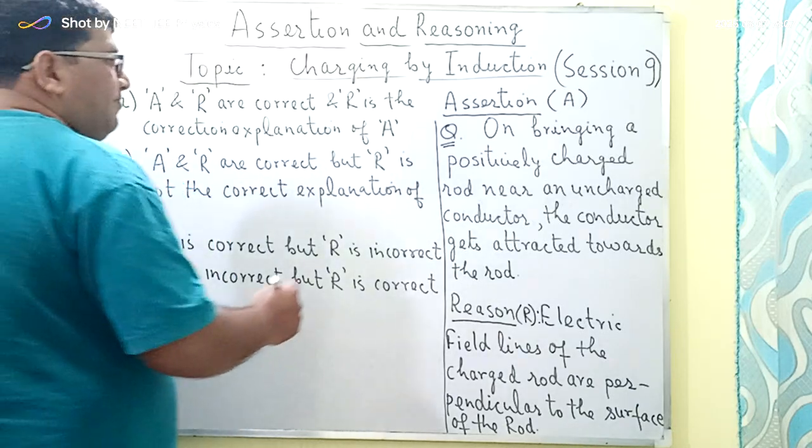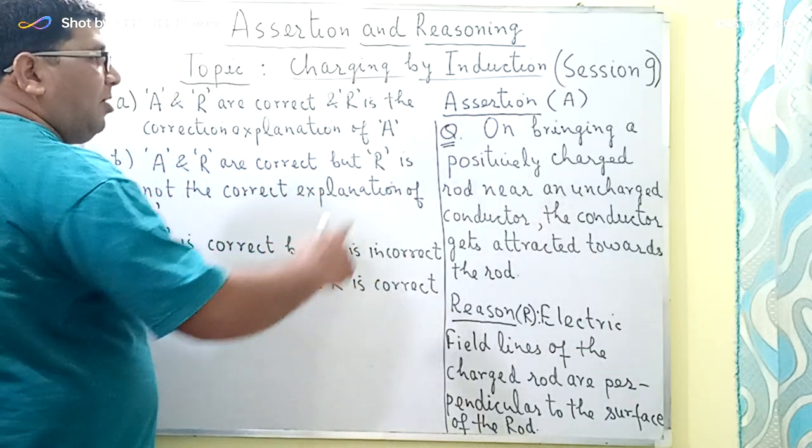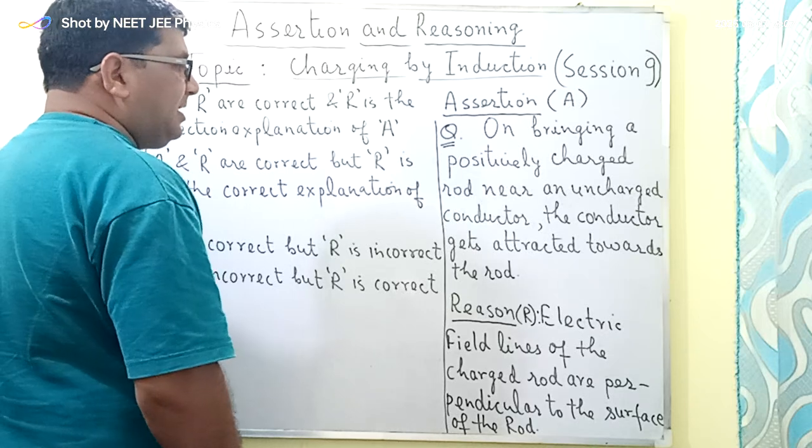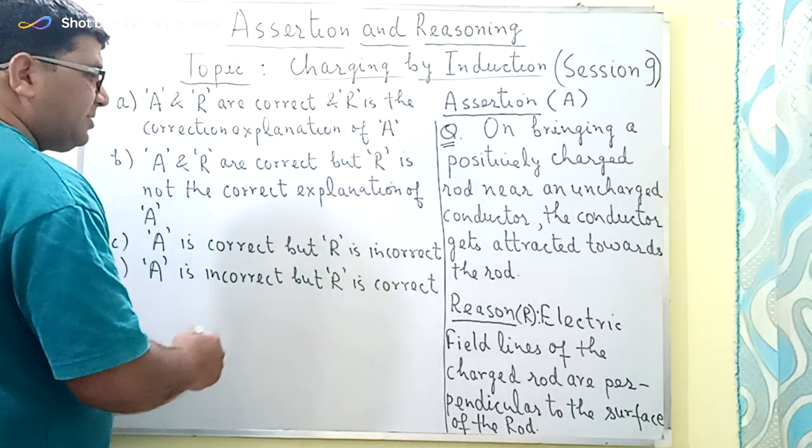So in this question, the assertion is, on bringing a positively charged rod near an uncharged conductor, the conductor gets attracted towards the rod.